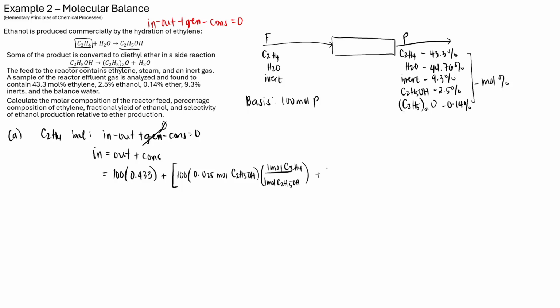Next, 100 mole P, 1 mole P, that's 0.0014 mole ether, and then 1 mole of ether needed 1 mole of ethanol.